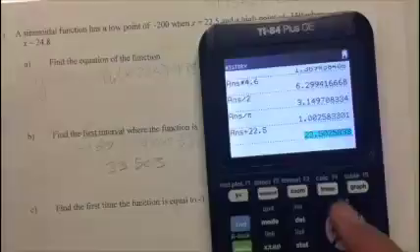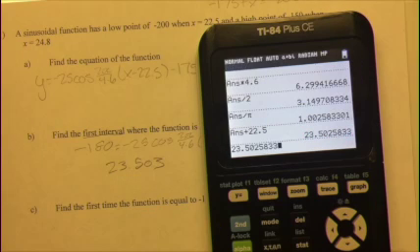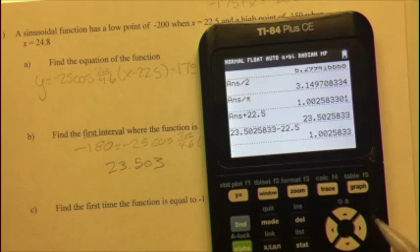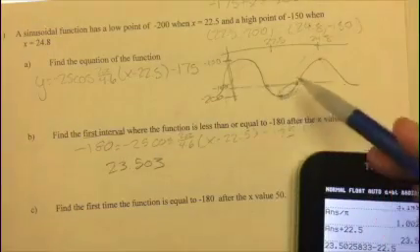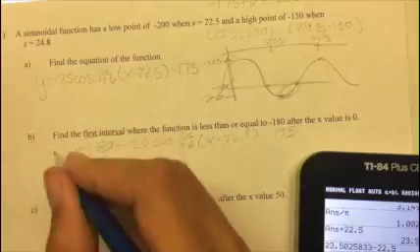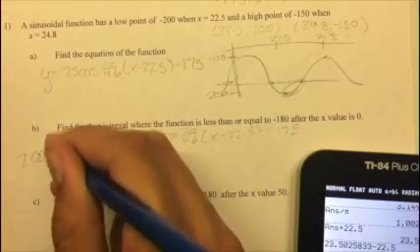We're going to do 23.503, enter, subtract 22.5, click enter. That's going to give us 1.003, and we're going to multiply that number by 2. And that will give us the distance from here to here on the graph. So let's write that number down really fast, because it's nice to keep note of all of our numbers. 2.005.